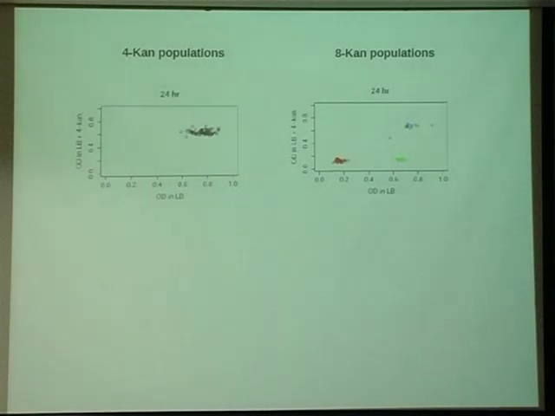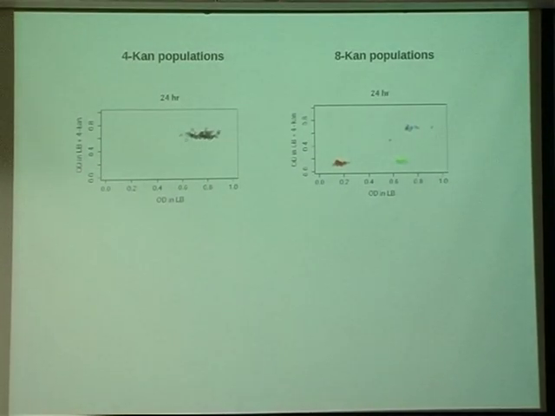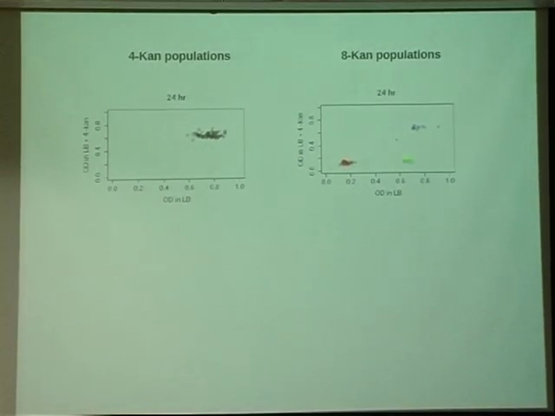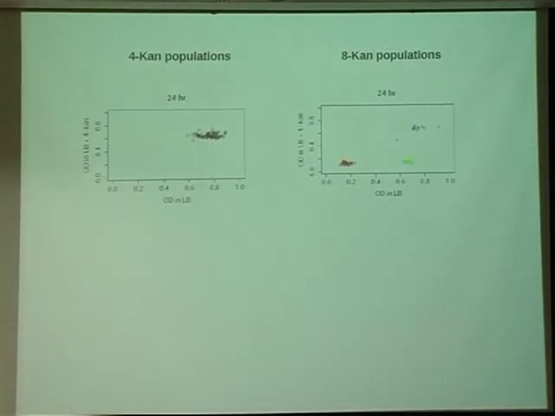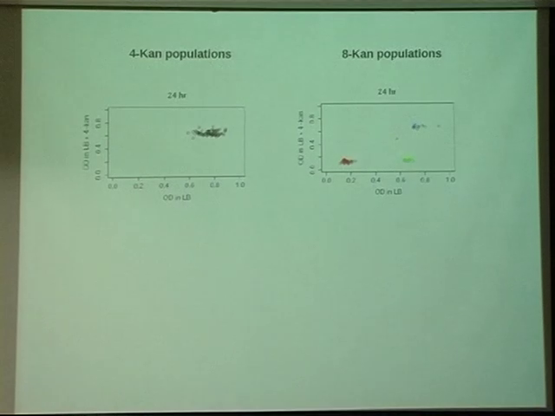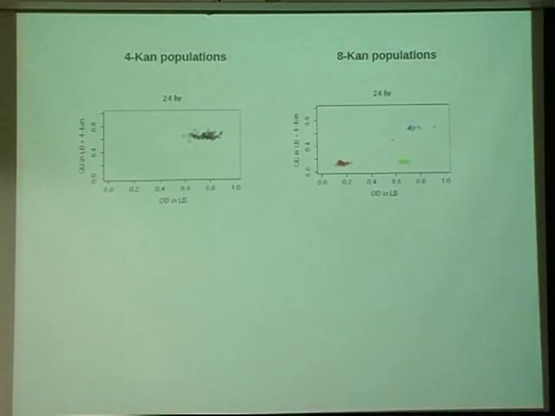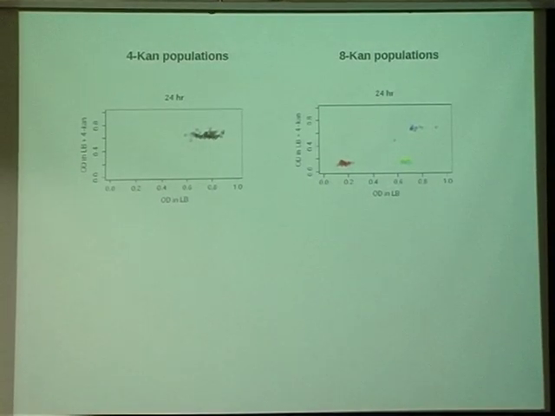So in the 4-can regime, what is plotted here on the x-axis is growth in the absence of antibiotic, and on the y-axis is growth in some concentration of antibiotic. For the 4-can regime, we get really homogeneous populations, but for the 8-can populations, we also start getting individuals that are tolerant, but that have also incurred a large cost. They cannot grow as well in the absence of antibiotic.